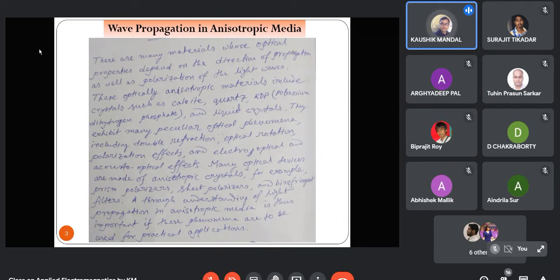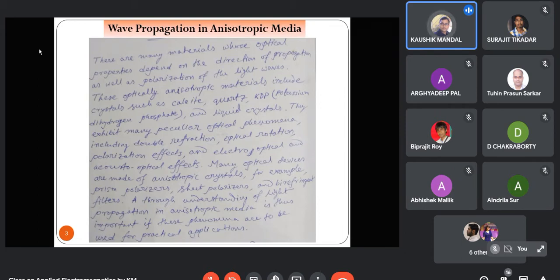This type of anisotropic materials, or this kind of crystals, they exhibit different types of peculiar optical phenomena. Throughout the syllabus, we learn different types of these peculiar optical phenomena like double refraction, optical rotation, polarization effects, and the electro-optical and acousto-optical effects.